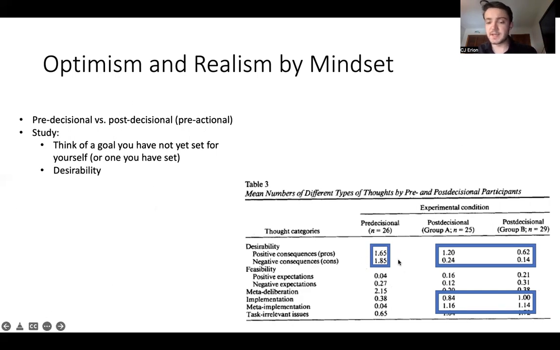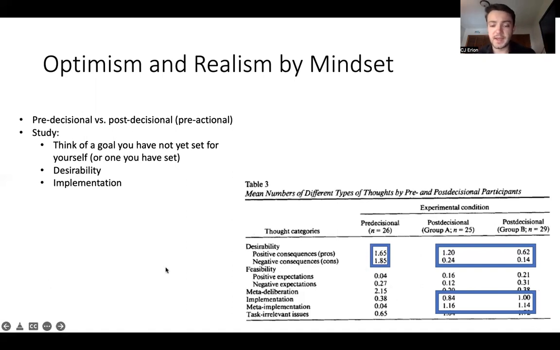And we see differences in desirability. Those with more of a pre-decisional mindset are thinking of those pros and cons, right, that we talked about. So they consider both positive and negative desirability aspects.